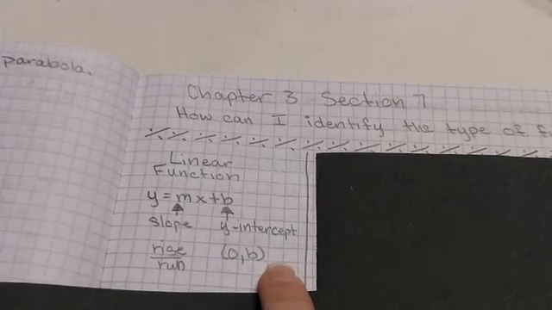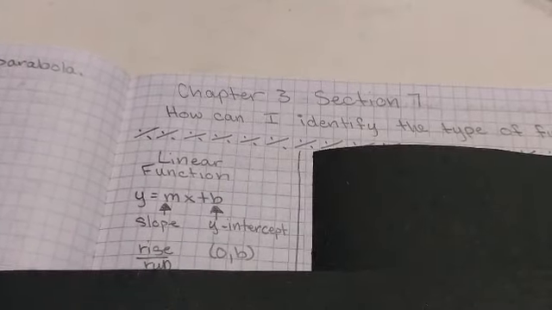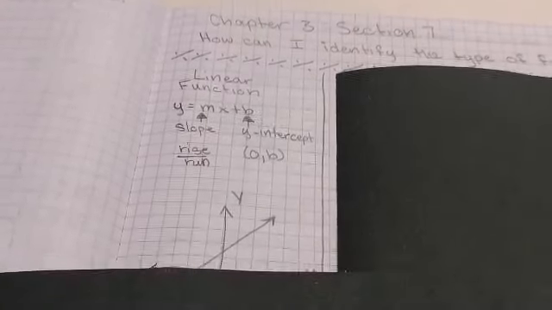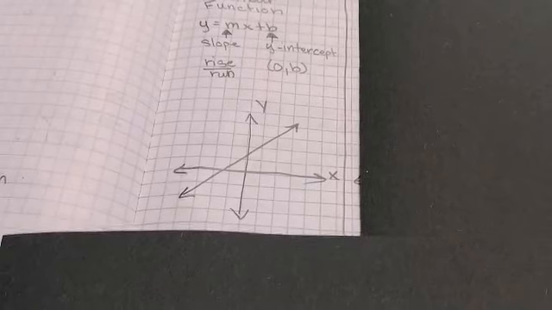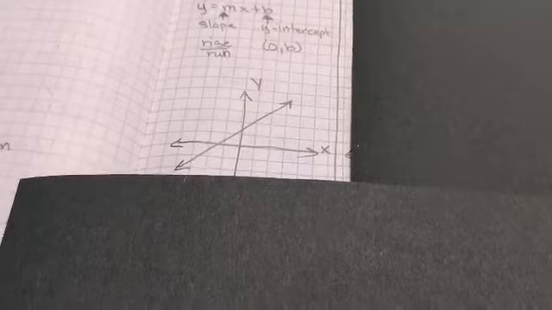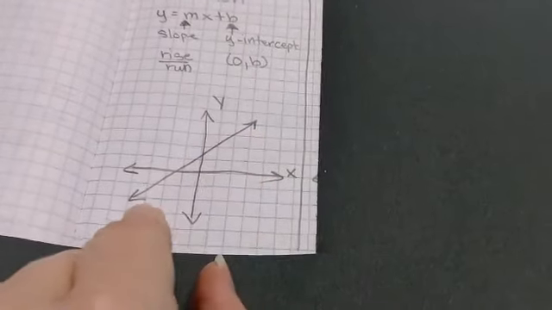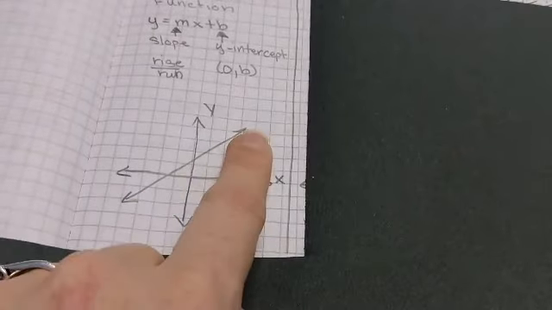Now, it's called a linear function because the word linear means line. So if we were to go and graph this, we're going to end up with a graph that looks like this. So our graph could look like this, where it's going up. This would be a positive slope, so it goes up to the right.